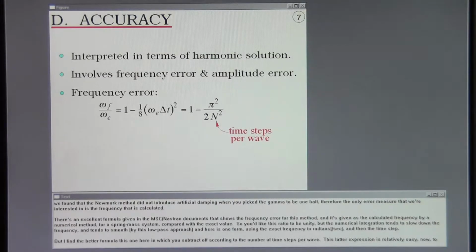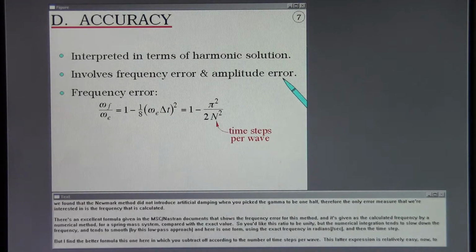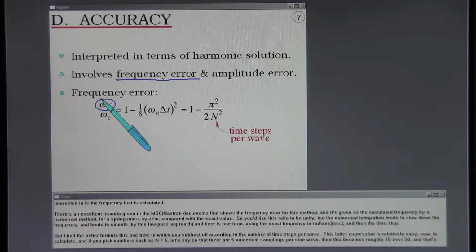Therefore, the only error measure that we're interested in is the frequency that's calculated. There's an excellent formula given in the MSc Nastran documents that shows the frequency error for this method. It's given as the calculated frequency by a numerical method for a spring mass system compared with the exact value. So you'd like this ratio to be unity, but the numerical integration tends to slow down the frequency. It tends to smooth by this low-pass approach.